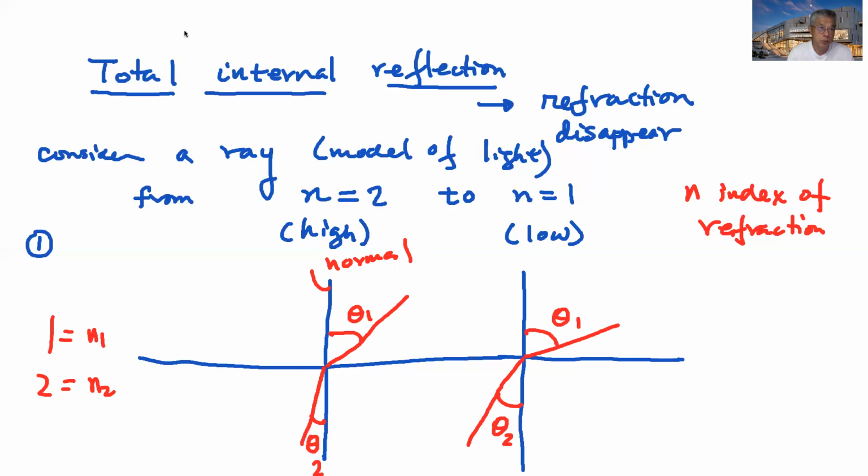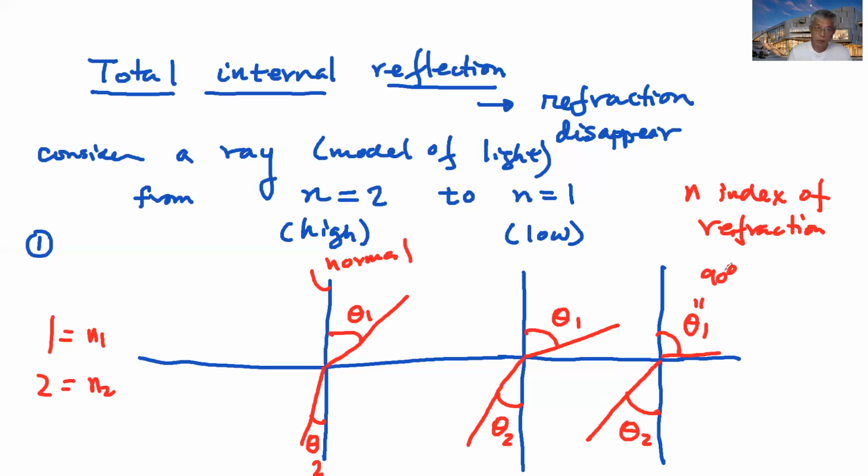So I'm going to increase theta 2 a little more, and now this skims the surface, right there. Now your theta 1 is equal to 90 degrees.